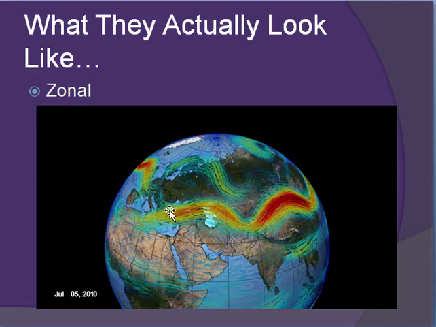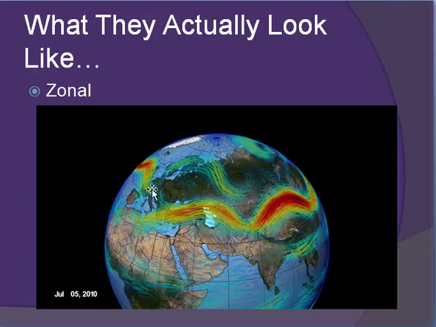You do have a little bit of a trough back through here, just east of what looks to be Italy, and then you have a ridge, a trough, and then a ridge downstream. So that would be similar to what a zonal flow looks like.